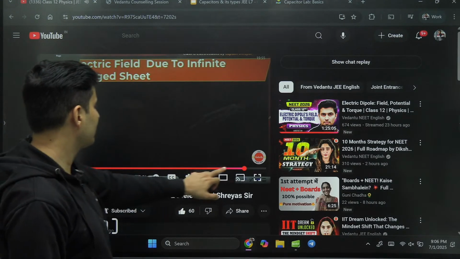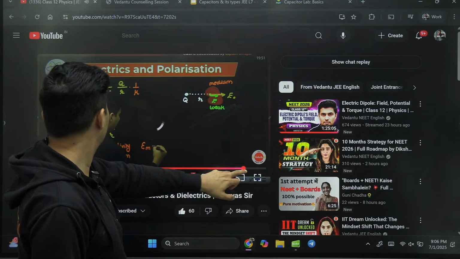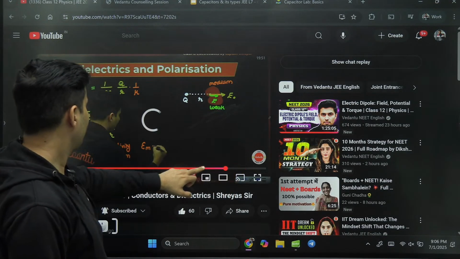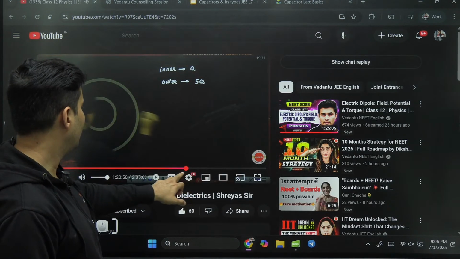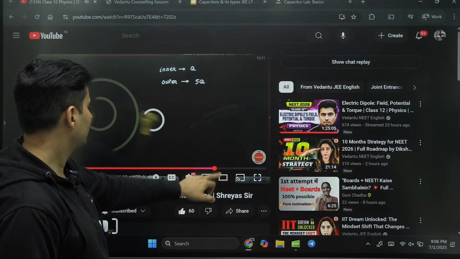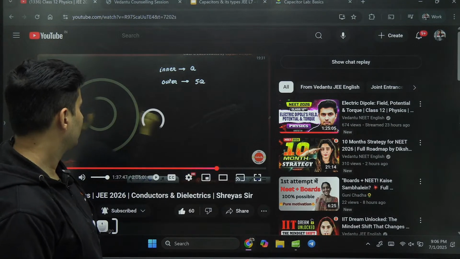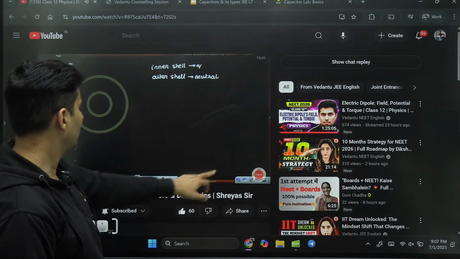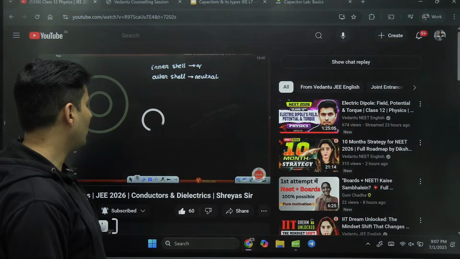Conductors and dielectrics. Just check this out. These kind of plate problems, shell problems we have done.